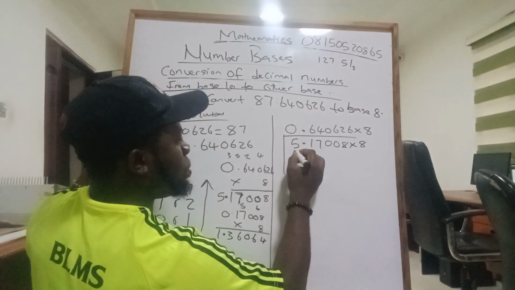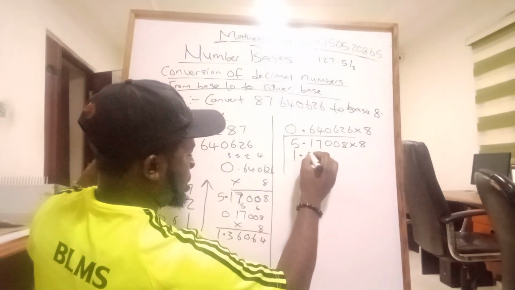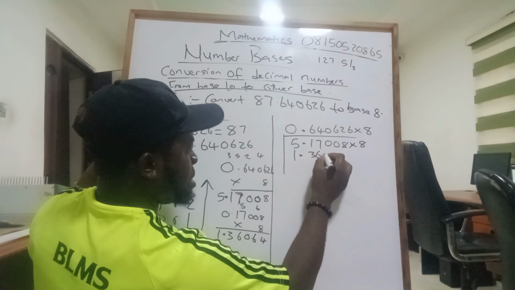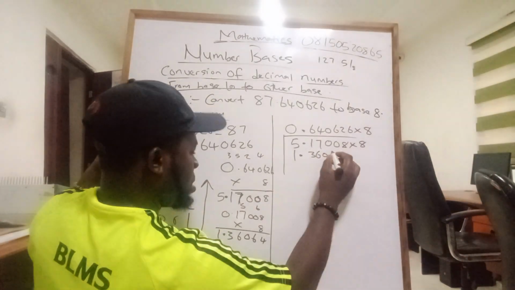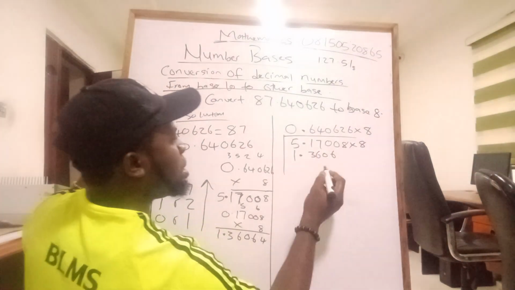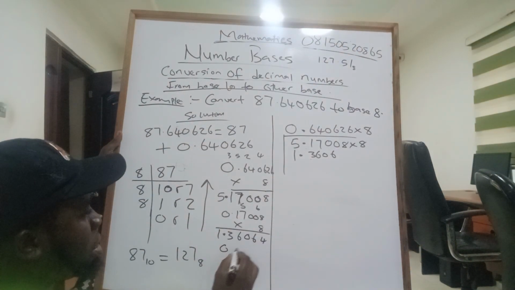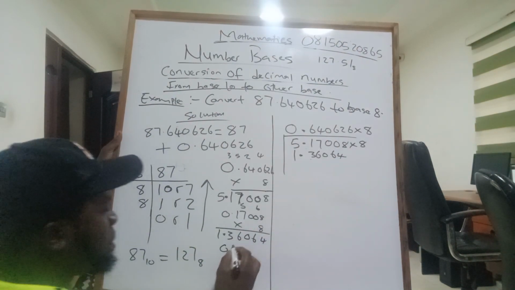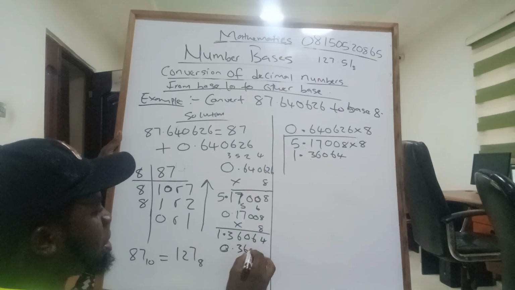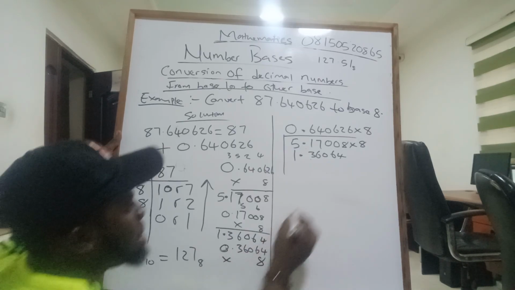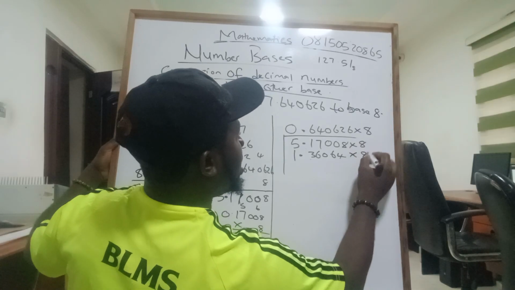So we have 1.36006. So we still multiply 0.36. Then we have 4. 0.36064. You multiply by what? By 8. So we still multiply this one by 8.